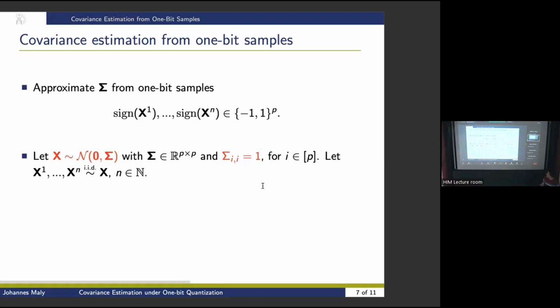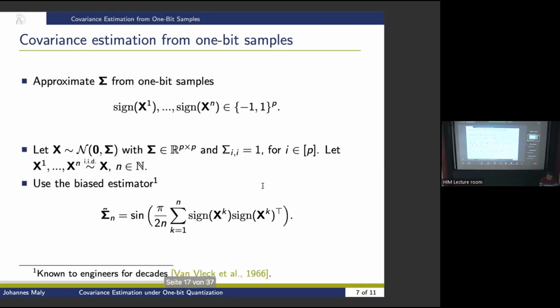The reason for that is that the sign quantizer basically loses any scaling information. So the variances of the distribution, which are in the diagonal of sigma, determine how far it spreads, and this scaling information gets lost by the quantization. So in fact, we are rather reconstructing correlation matrices in this setting.